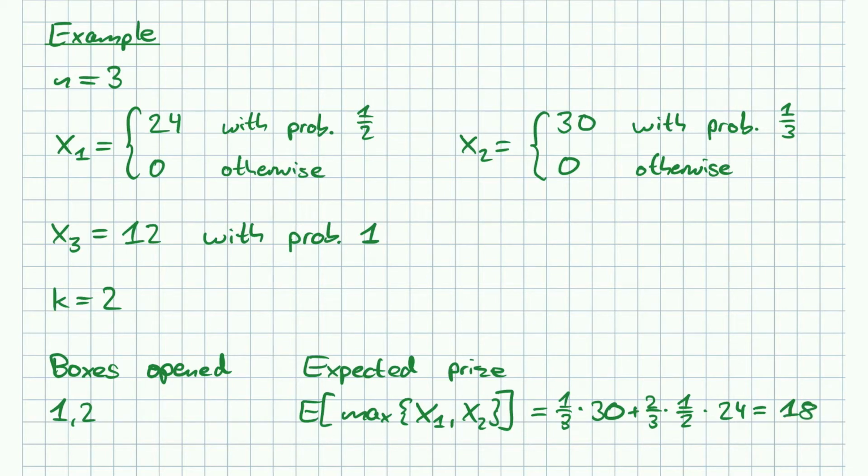Why that? Because with probability a third, we'll find the 30 in the second box, or with probability 2/3 it is empty. Then we open the first box. There we'll find a prize of 24 with probability a half. And if you now do the math, you'll see, okay, this will be 18. You can open boxes 1 and 3 also.